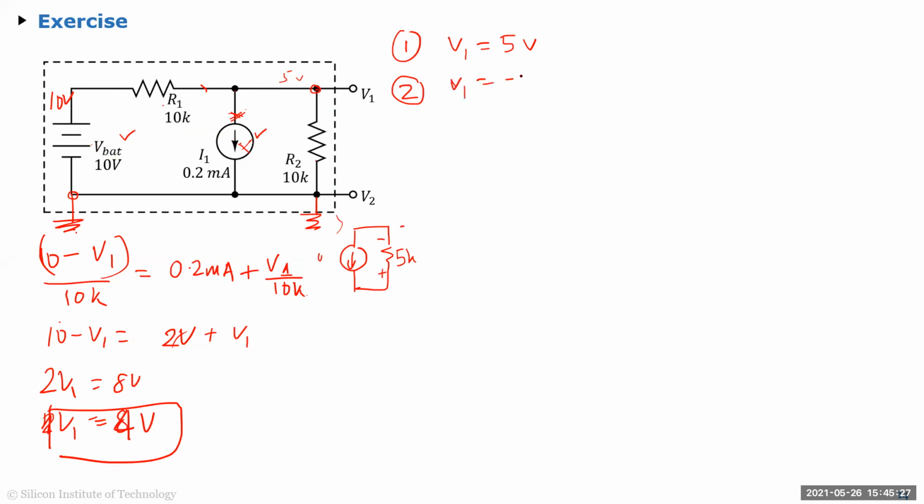So V1 equals minus 1 volt, right? If I add them together, let's call these V1 dash and V1 double dash. Then V1 is equal to V1 dash plus V1 double dash, so that's 4 volts too. So for simple circuits, you can always apply superposition to get your answers as well. Does everyone agree with this, or have any questions on the superposition? I think the node equation part, everyone got it? Okay.